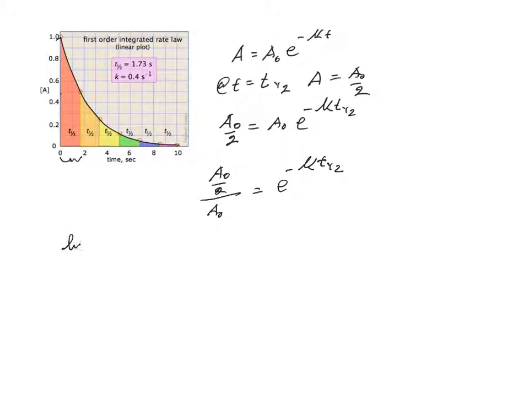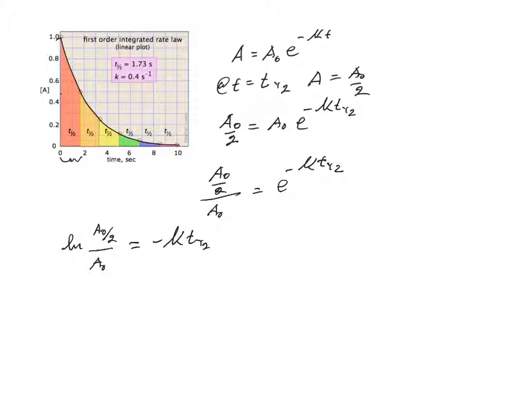So we have the natural log of A naught over 2 divided by A naught is equal to the natural log of e to the minus k t1/2, which is equal to minus k t1/2 because the natural log of e is 1. Now we can take the negative of both sides, okay?